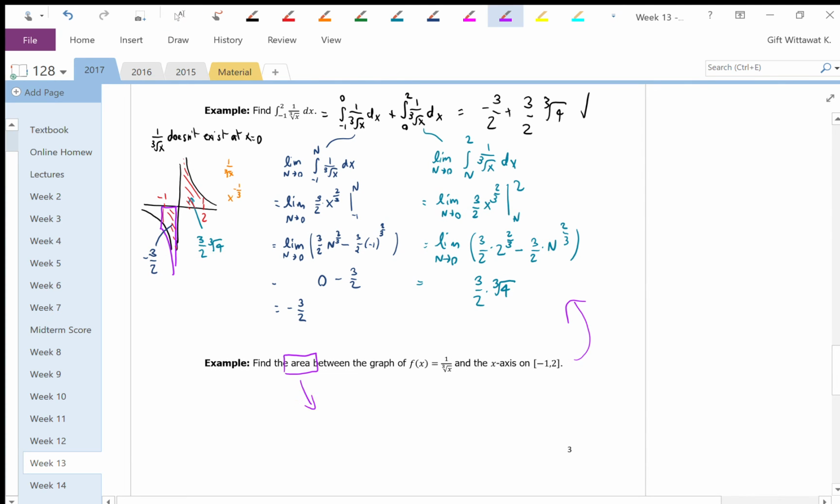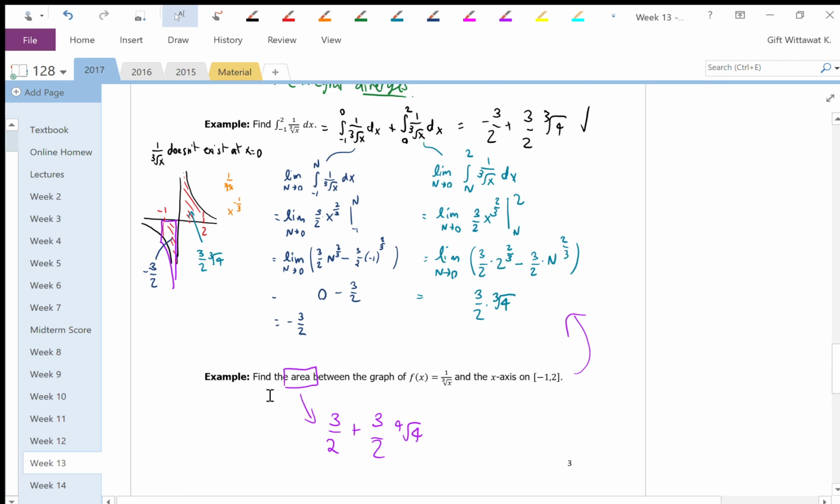So the area here is going to be 3/2 plus 3/2 times the third root of 4. The answer is different, by the way, because of that word area. Whenever I need to find area, once again, I need to convert everything into the positive realm.